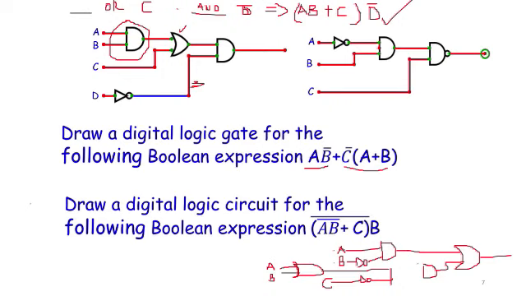So you can tap an A or B. This is your A. You can tap from your B here.